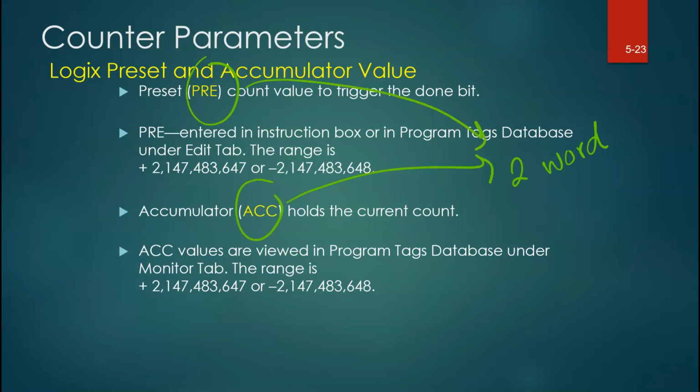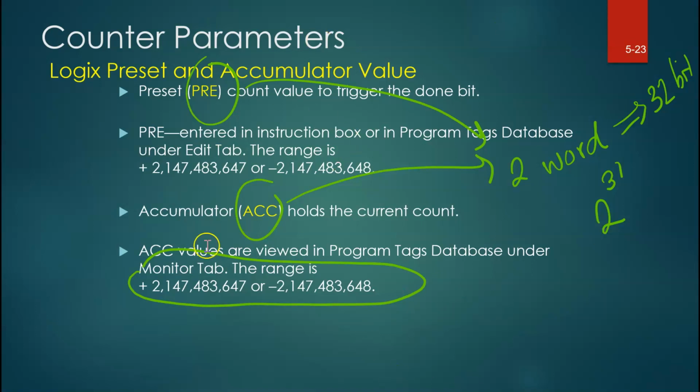That means the maximum value that you can use for your preset and accumulator is 2 to the power of 31, because 2 words is equal to 32 bits. You can see that here. So this is a much larger range for your preset and accumulator value. That's another difference between the logic system and rack-based system.